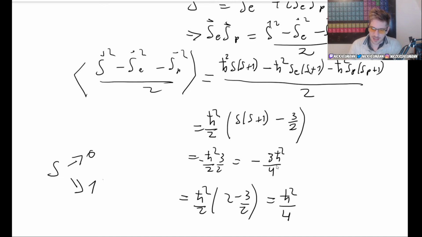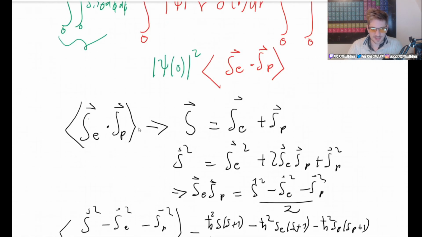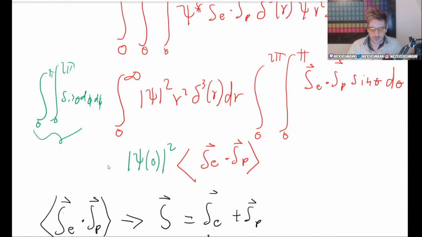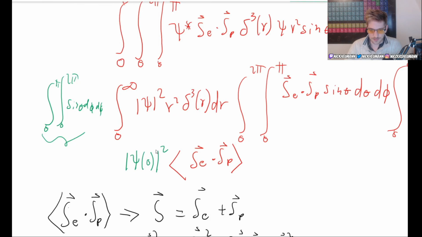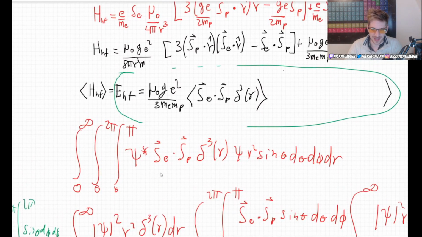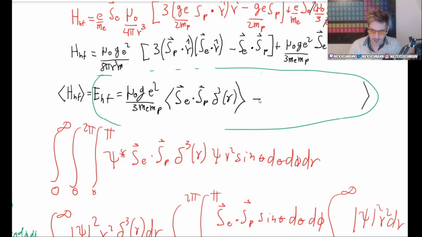So these are our two possible values for the expectation value of this thing right here, which is of course the same as this thing right here, which is what we now want to plug in to this part right here. We have to go back a lot. So this is mu naught g e squared over 3 mass of the electron, mass of the proton, times the wave function of the ground state evaluated at r equals 0, squared.